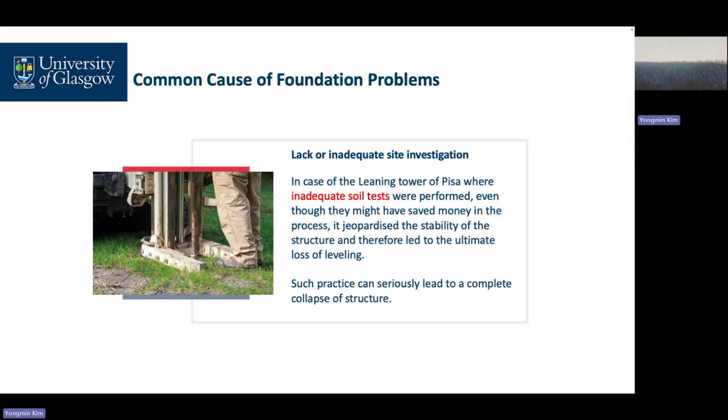Site investigation activity is very important. If you invest in more boreholes, you finally end up with more profits.